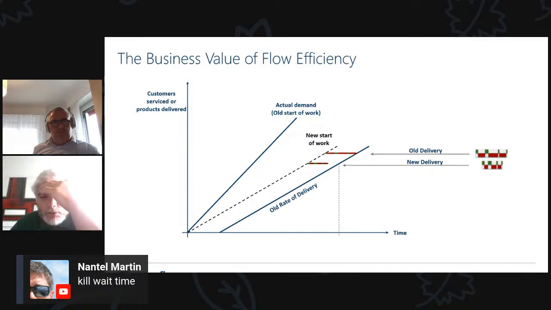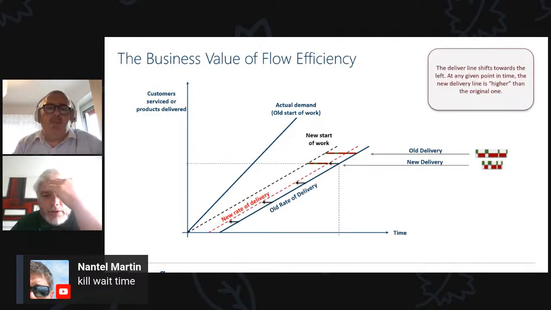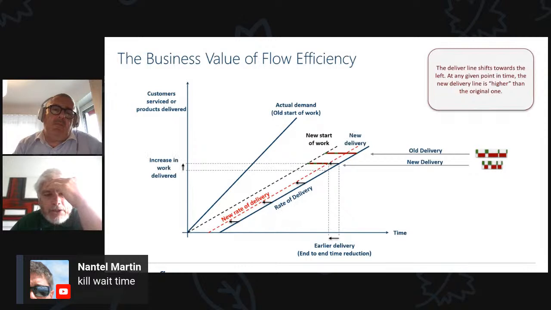So the new line here has to be made parallel to the new start of work. So we have a new rate of delivery, and this new rate of delivery allows us to deliver earlier, at the same time increasing the amount of work delivered.